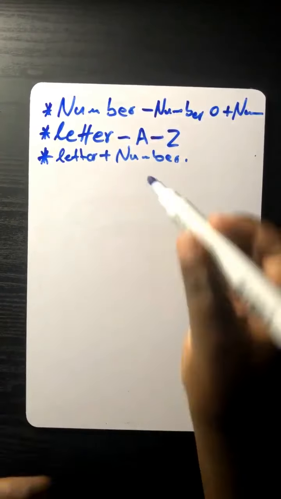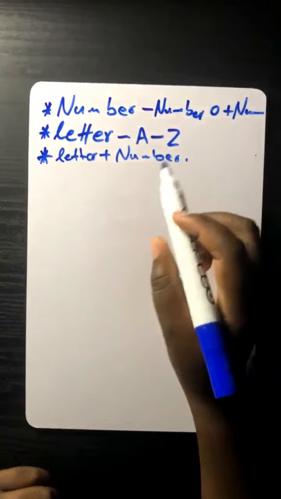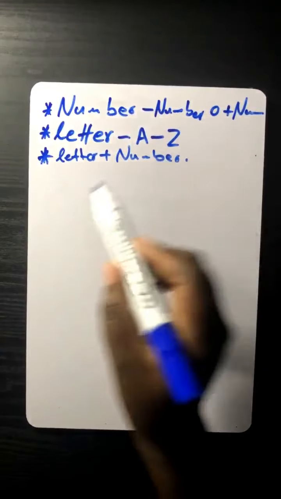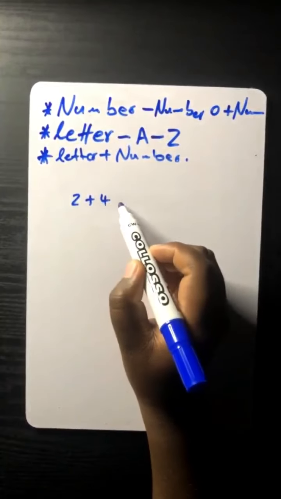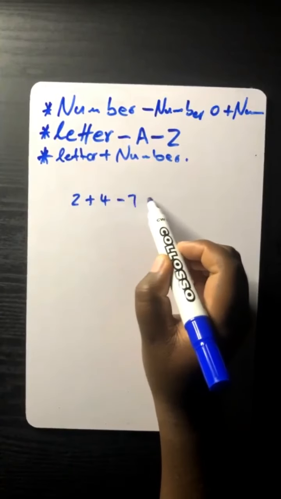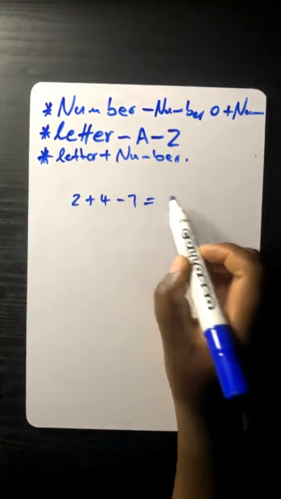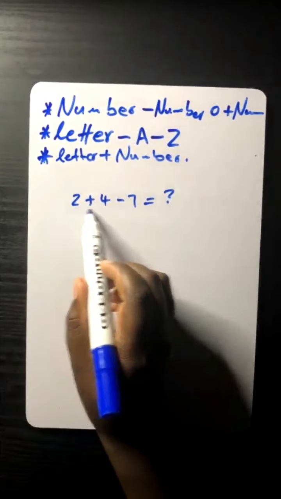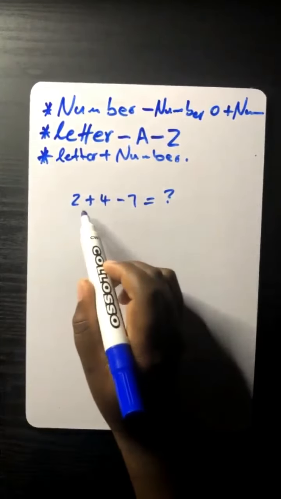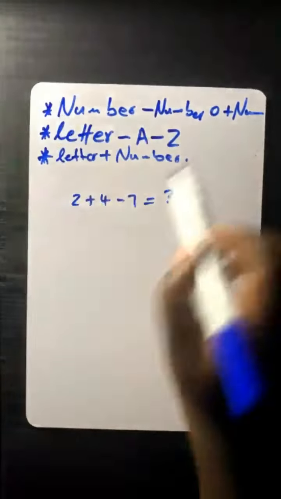So remember, in primary, they used to give you equations such as maybe, let's say, 2 plus 4 minus 7 equals 2, and they wanted you to give an answer. So this is an expression in terms of numbers, which is what I was referring to.